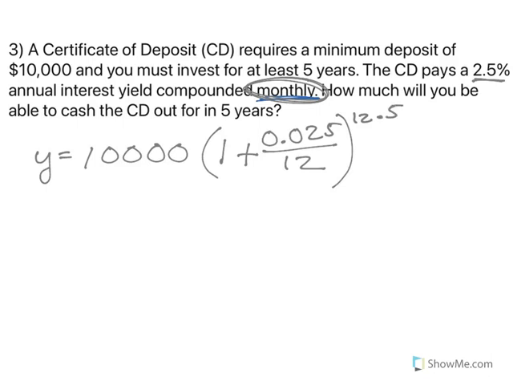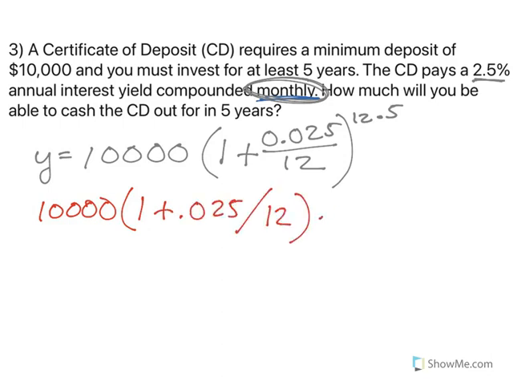So 12 times 5. Putting that in my calculator, I would type in 10,000, parenthesis, 1 plus 0.025 divided by 12, end parenthesis, caret to show exponent, parenthesis, 12 times 5, end parenthesis.